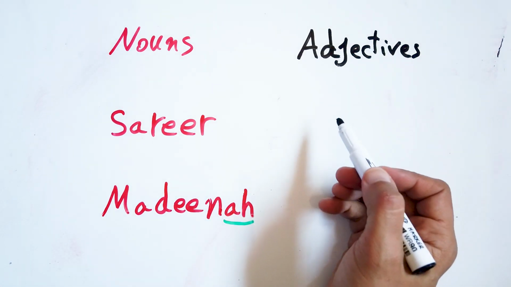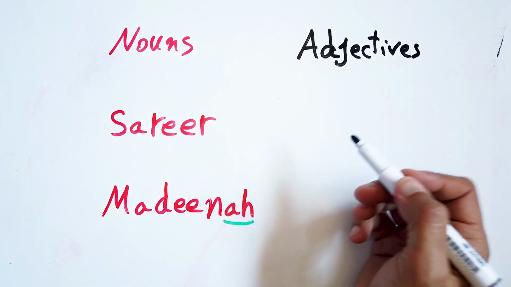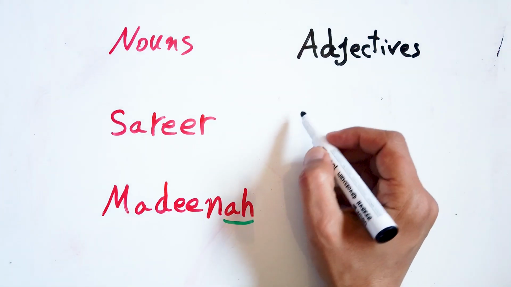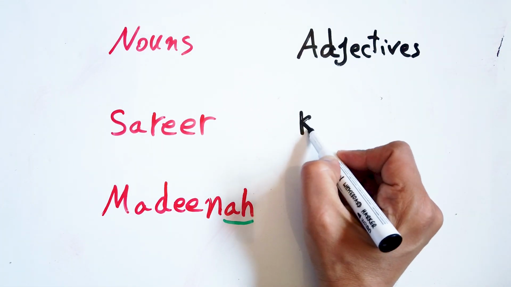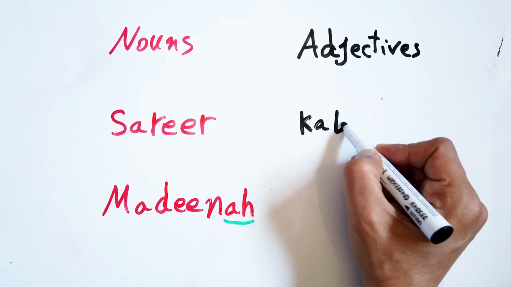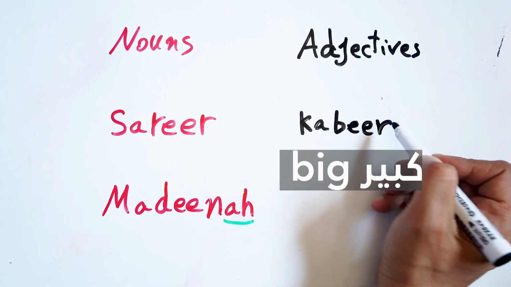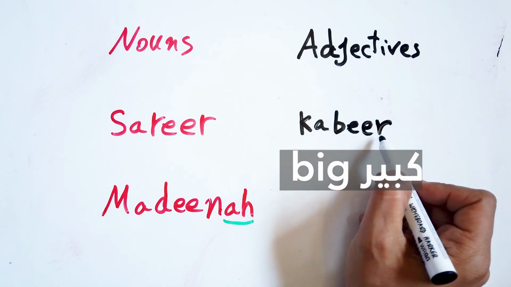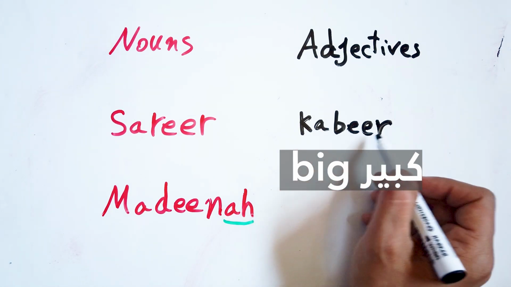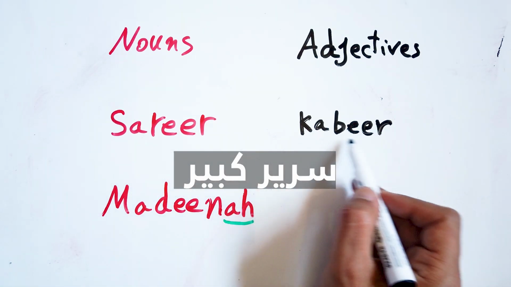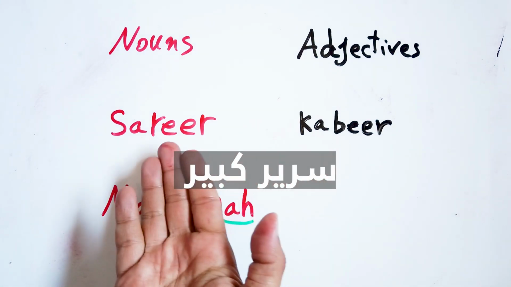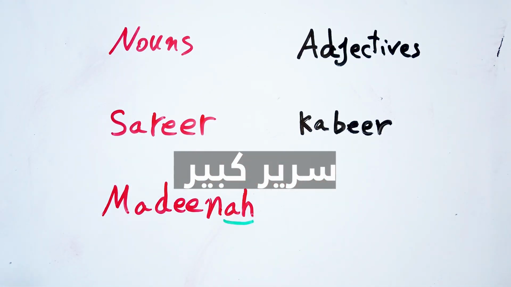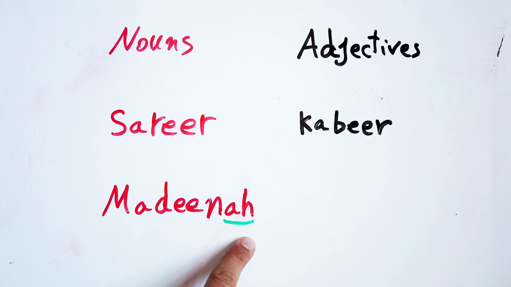So let's describe sarir. Let's say it's a big bed. Big in Arabic, it means kabir. Kabir, it means big. Sarir kabir, big bed. Okay. Here we have medina, city.